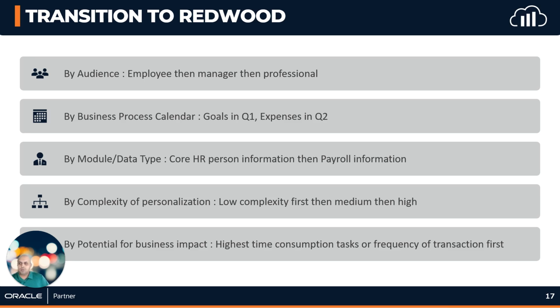Similarly, we can do by potential for business impact, like highest time consumption tasks should be moved first, or the frequency of transaction first. There are many ways you can design the transition based on your use cases and move to Redwood.